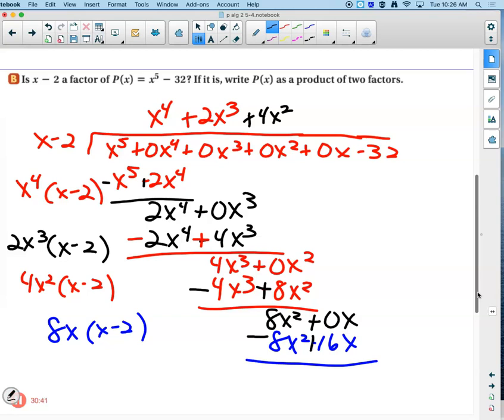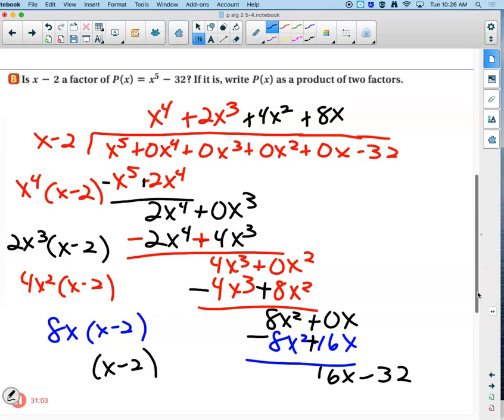So we write our 8x up here. And bring down the next term. Oh, that looks awful. Whew. Got to be close, right?